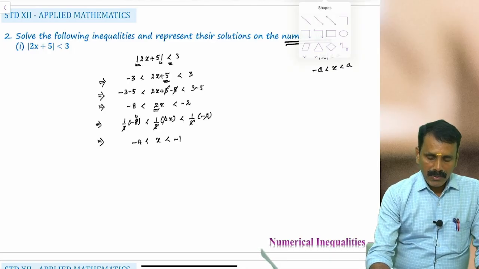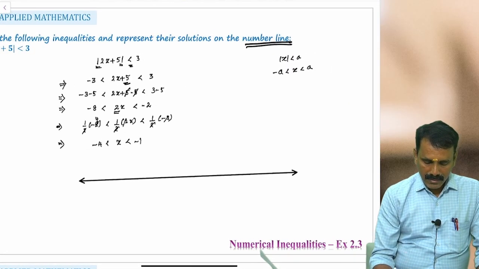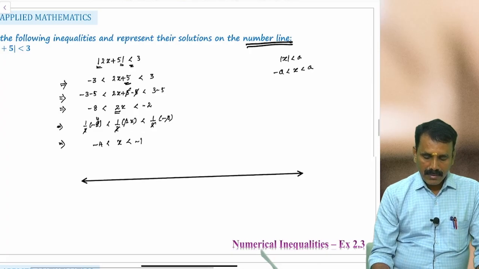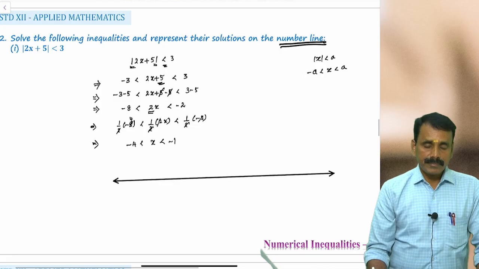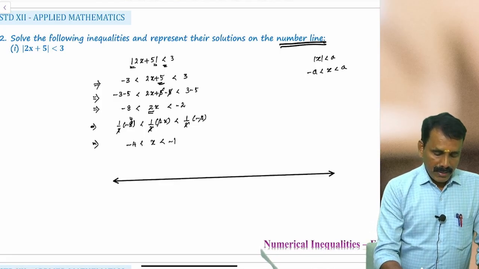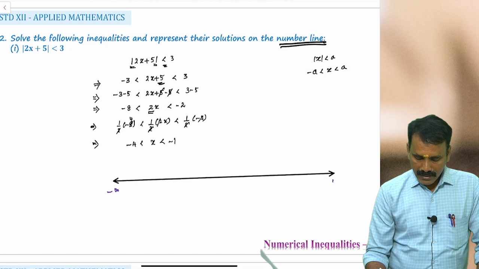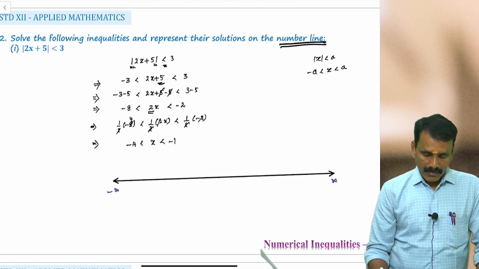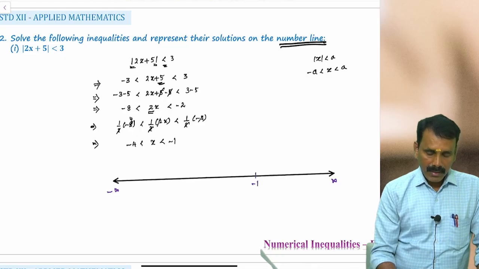We try to draw this one on the number line. Okay. So in the number line we have minus infinity, plus infinity, and we are going to mark minus 1 and minus 4.